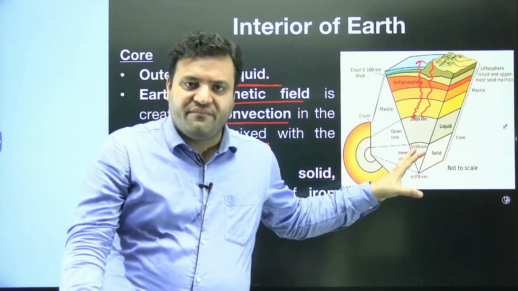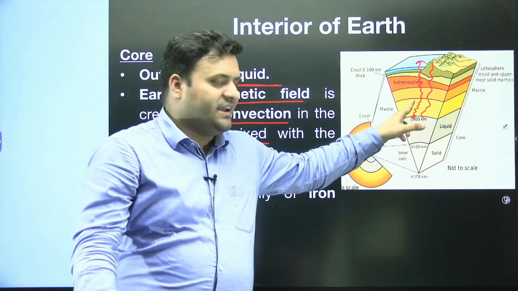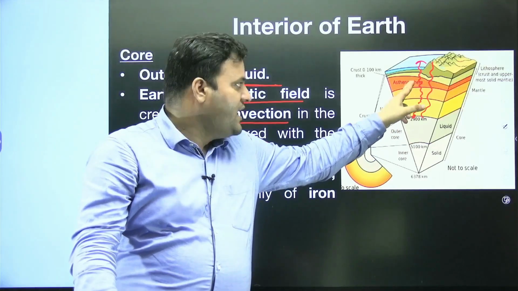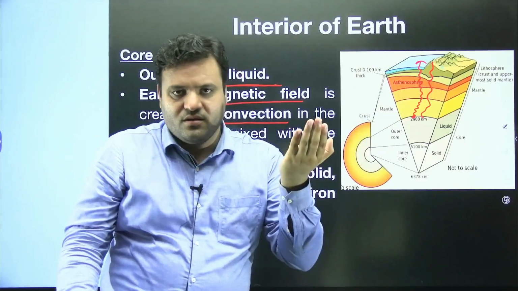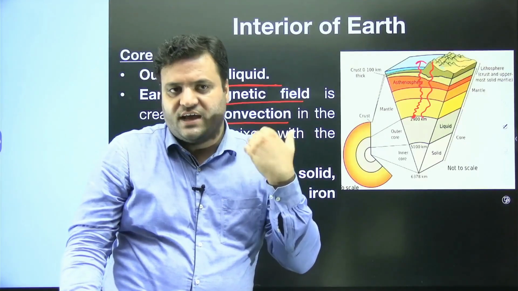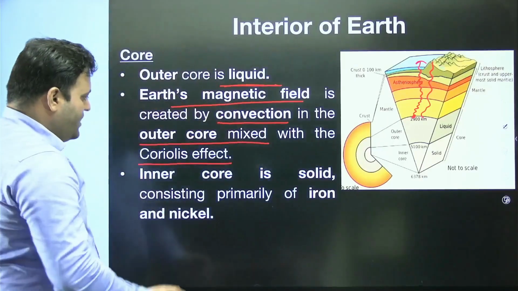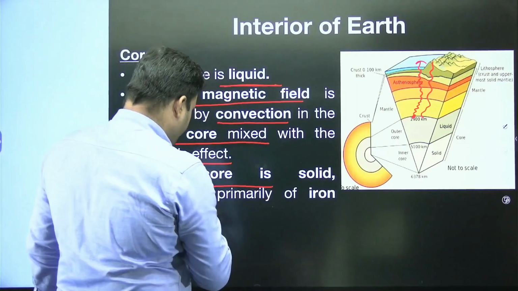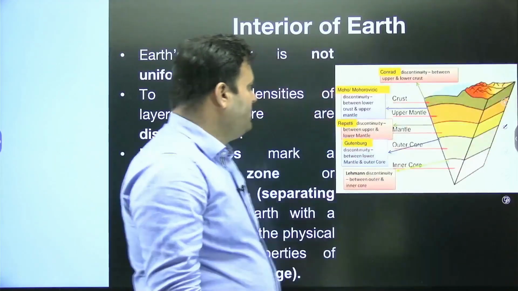When we have cavities in these rocks, lava or magma is going to ascend, it is going to rise, and it will appear on the surface of earth, or it will appear while flowing through the fractures of crust and appear on the surface. Okay. Inner core is solid, primarily comprised of iron and nickel. Moving ahead.